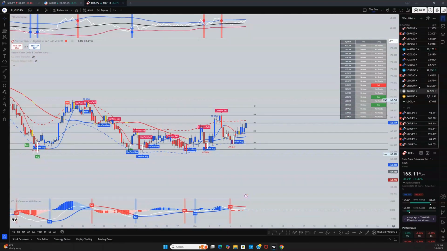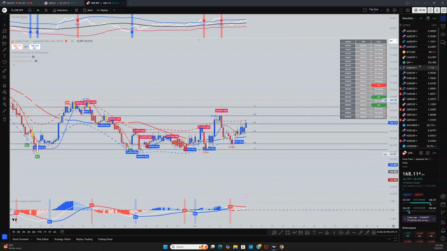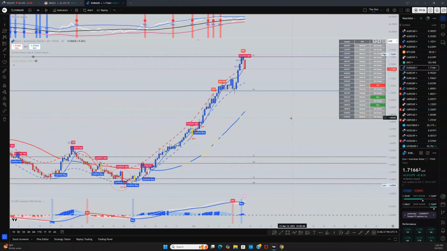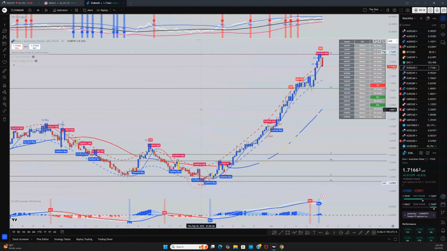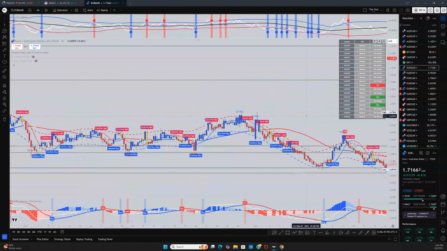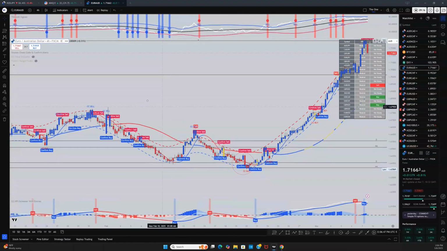Let's see here. Let's go to Euro AUD. Euro AUD. We're on the 4-hour time frame.